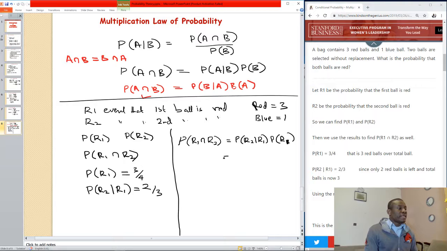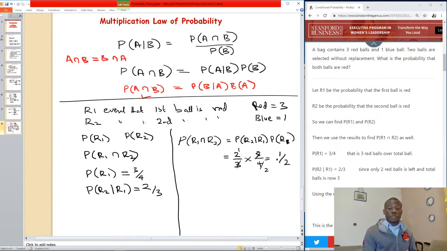So this will simply give us 2 over 3 times unconditional probability of R1, which is calculated as 3 over 4. And that will give us 6 over 12, which is 1 over 2.